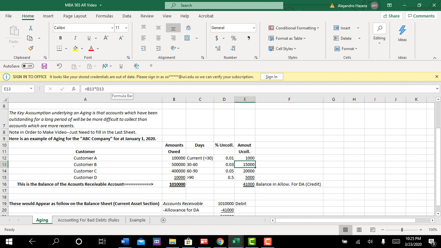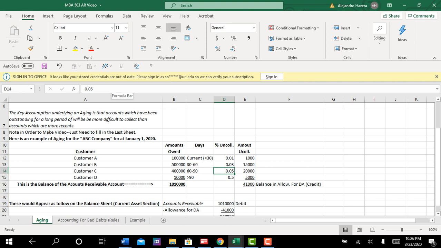C owes $400,000. Now this is the customer I would really worry about because they owe $400,000. On average, they're paying between 60 and 90 days, which is 30 days overdue in a sense, because it's a long time overdue, and this would be very generous. We're estimating that if a customer is between 60 and 90 days on average late on their payments, that 5% of their accounts will not be collectible.